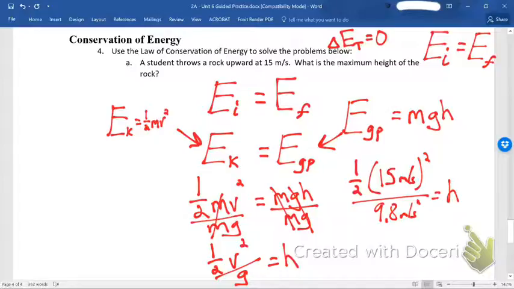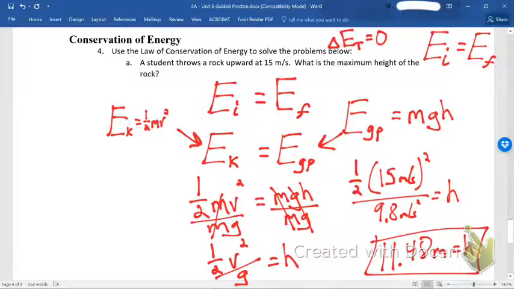And you get an answer of 11.48 meters is your height. So you can see these final problems here are much more involved. The key idea is the law of conservation of energy, is that your initial kind of energy equals your final kind of energy, which means you're pulling out two equations and setting one energy equal to the other.